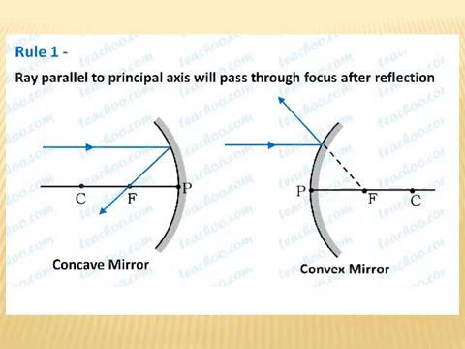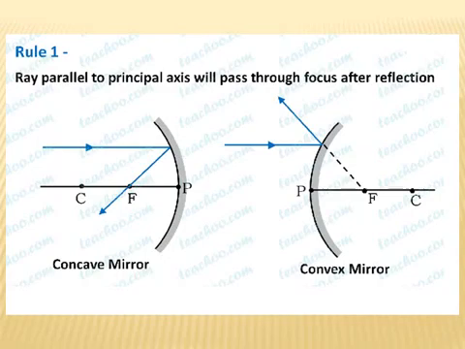Rule number 1 says, observe the blue ray of light. The ray is parallel to the principal axis. After falling on the mirror it gets reflected, and the reflected ray passes through F, the principal focus. So we can sum up the diagram like this.